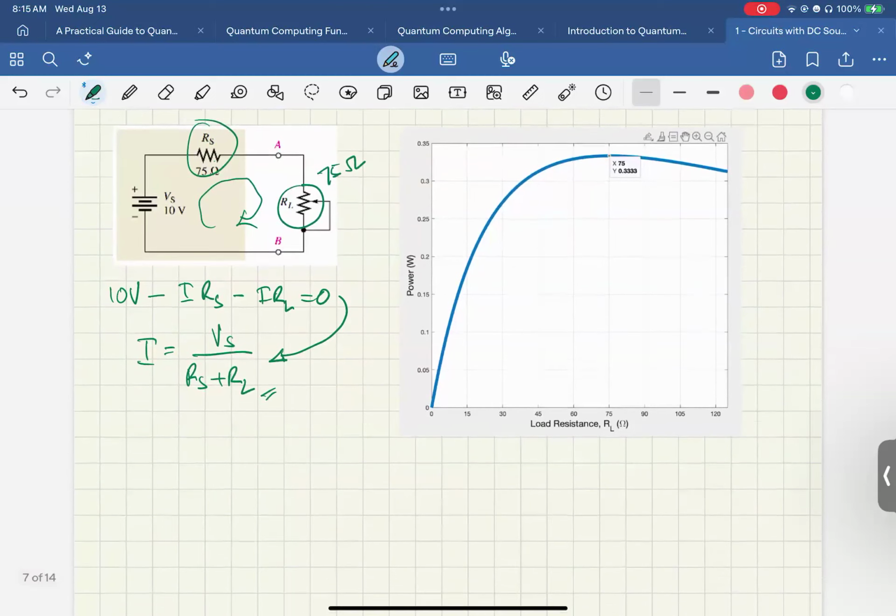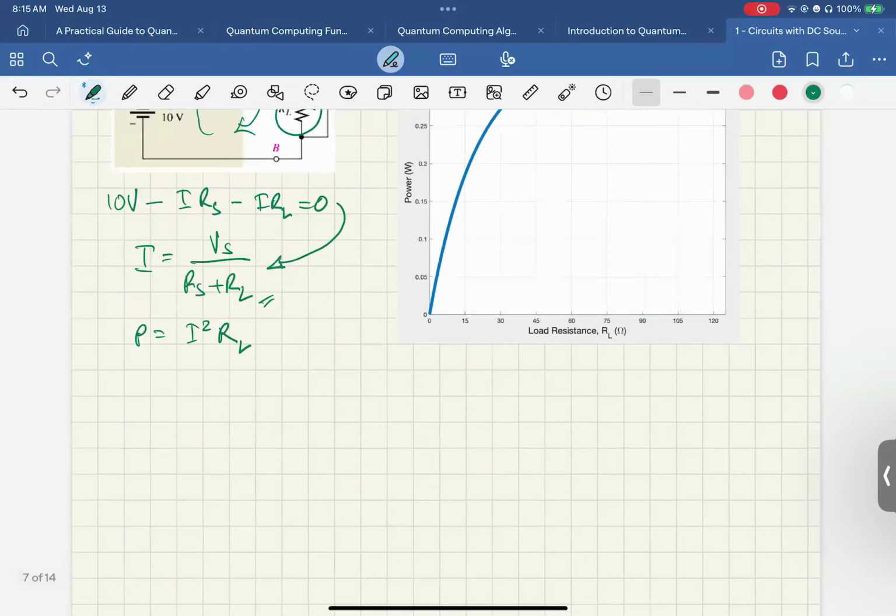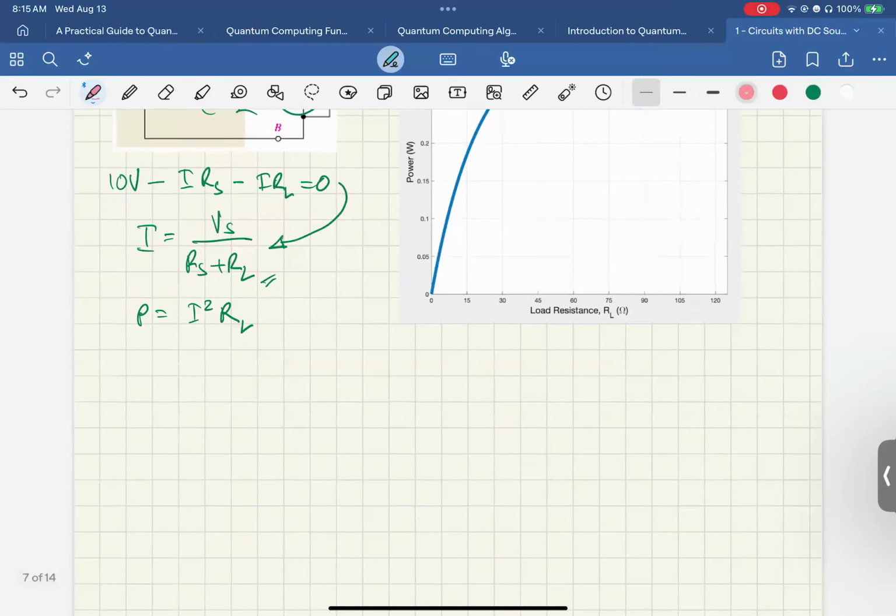Which means na yung power na transfer between the load and the source is equal to I squared RL, where I is given by this equation.